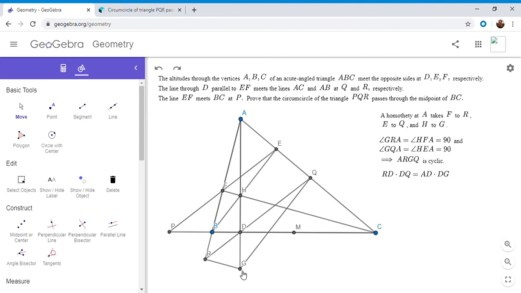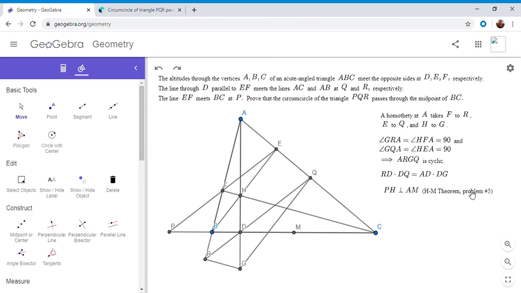Now, one thing that can help us, if you've seen my video on the HM theorem, this comes in handy a lot of times. It's video number 5 on my channel. But basically it says that PH is perpendicular to AM.